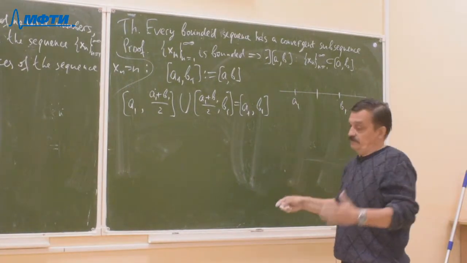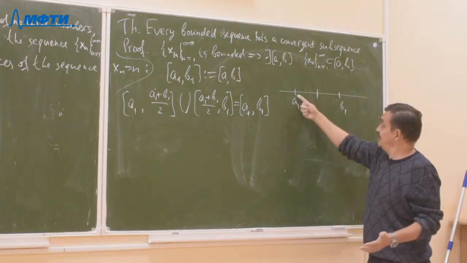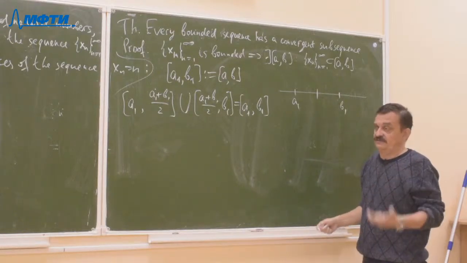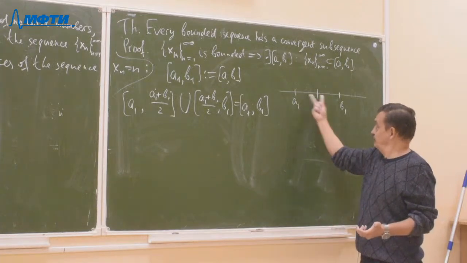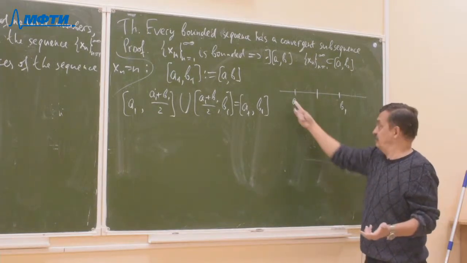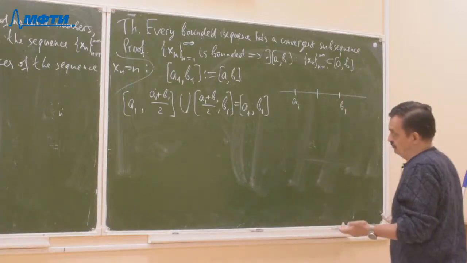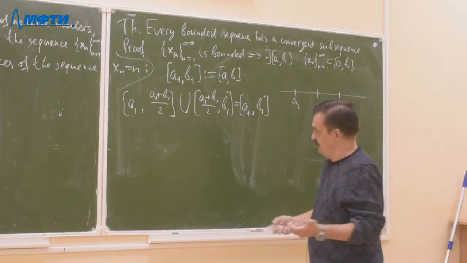The whole interval contains infinitely many terms. Hence, at least one of those two parts contains infinitely many terms. Because if both contain finitely many, then the whole interval also contains finitely many terms. So at least one of them contains infinitely many.